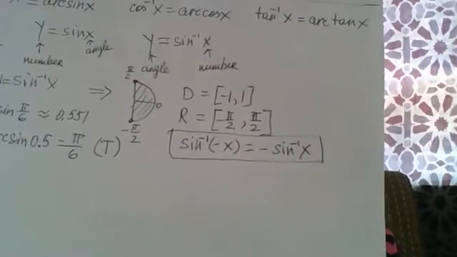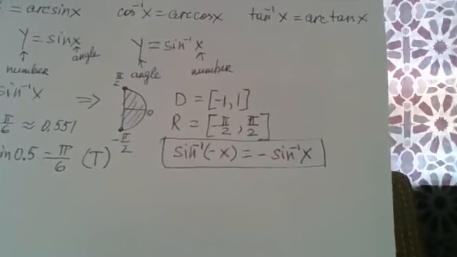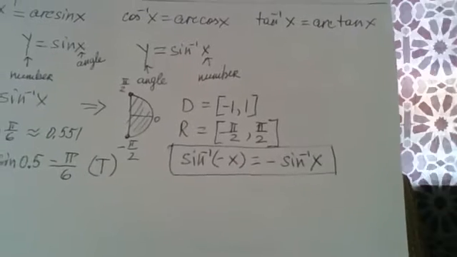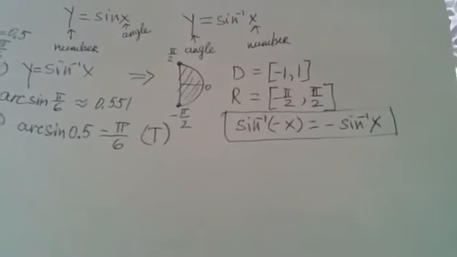And I'm going to box that formula. Arcsine of -x equals minus arcsine of +x. Now we can talk about some problems.